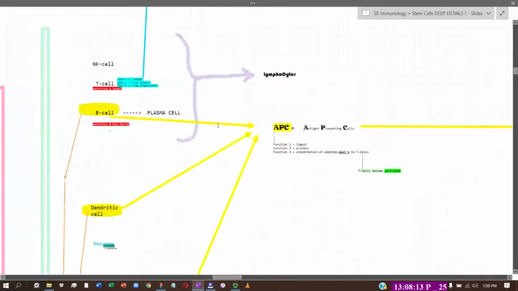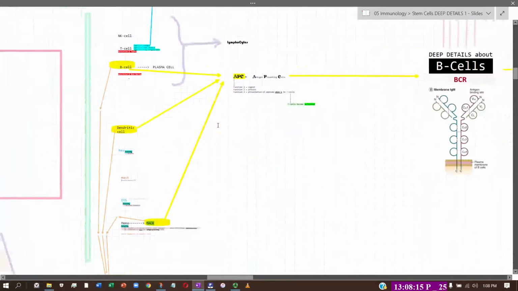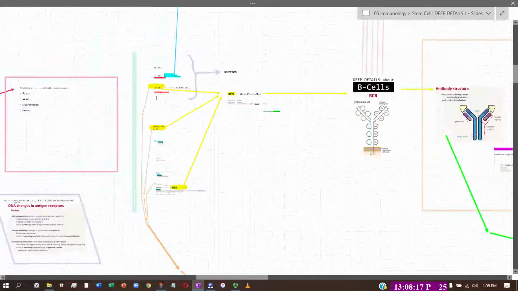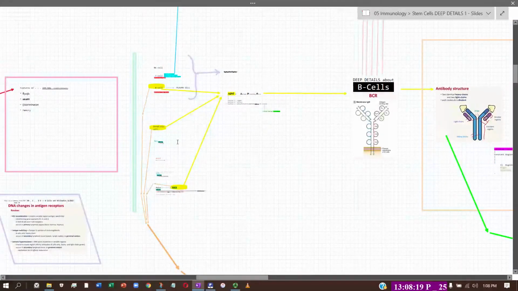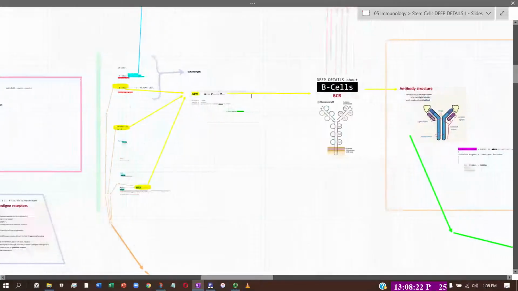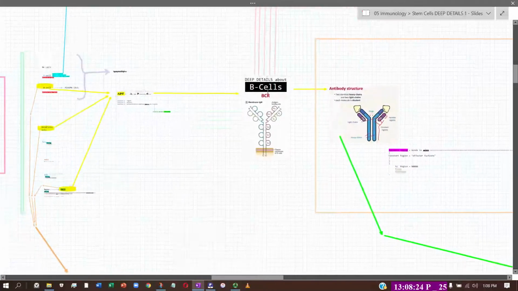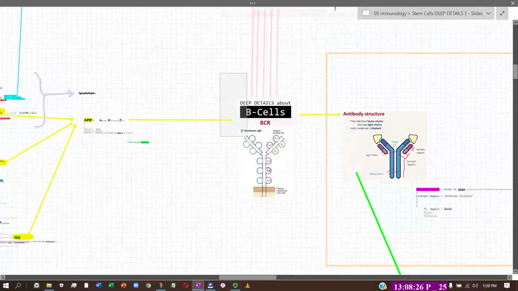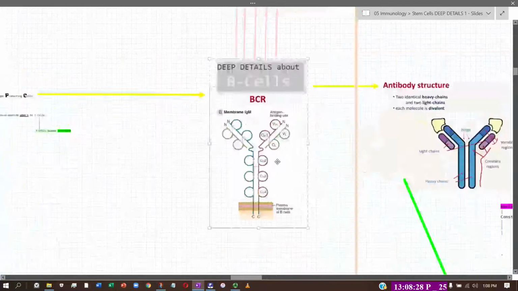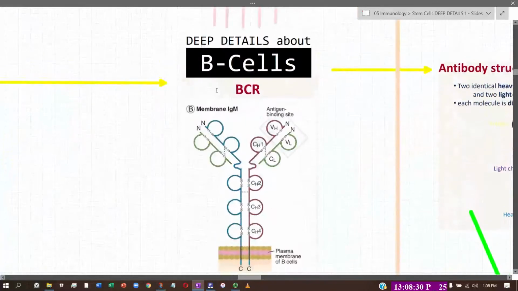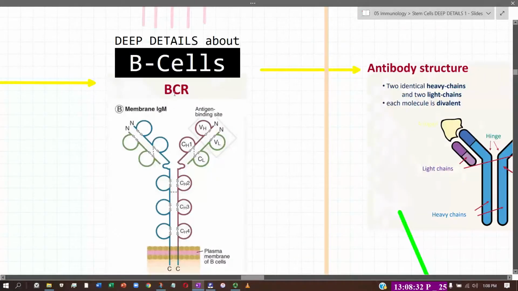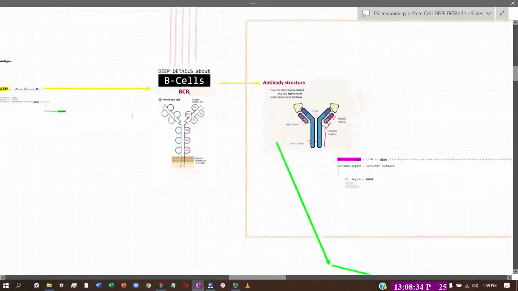Whatever. For now, let's focus on the convergence of the APCs and the effects that they have on B cells. So here you have deep details about B cells, and in particular, the B cell receptor. Cool.